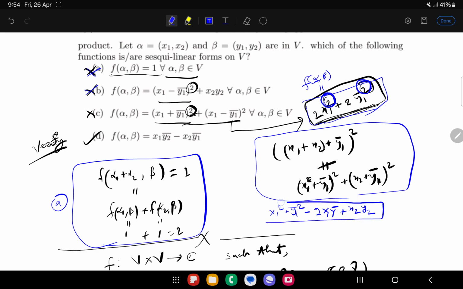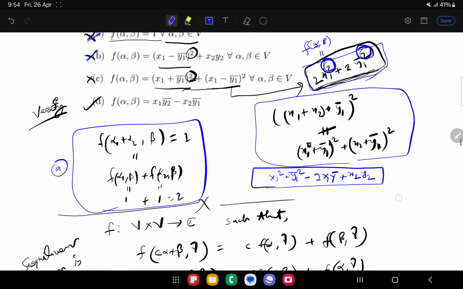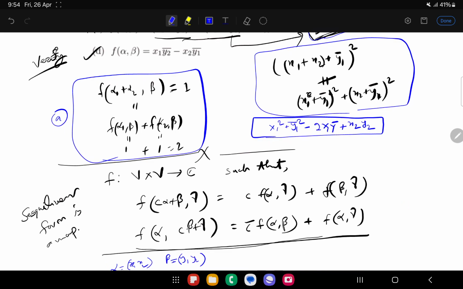So here linearity in first coordinate as well as in second coordinate fails.